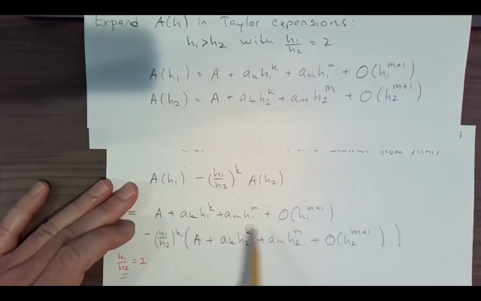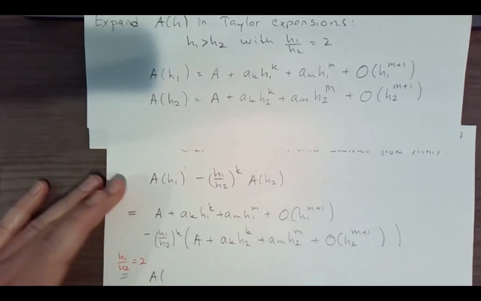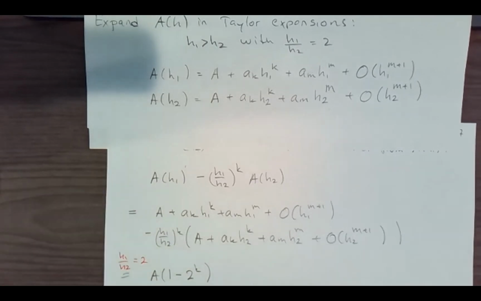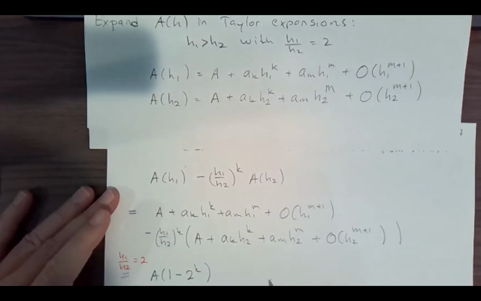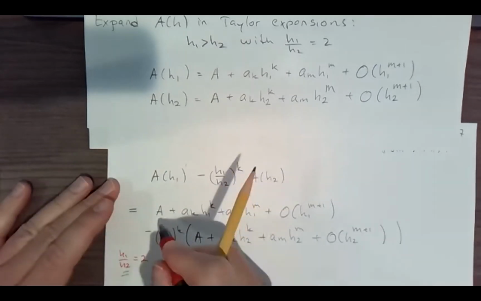So then that's a 2. So I'll have here A times 1 minus 2 to the K. So that was this first term.